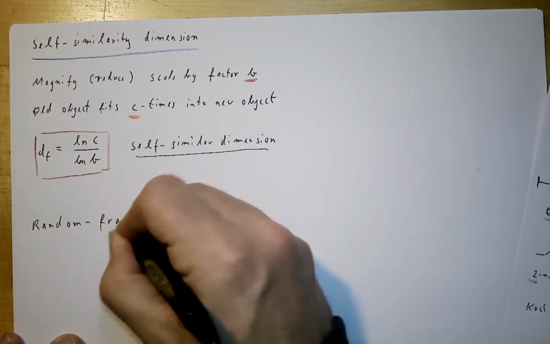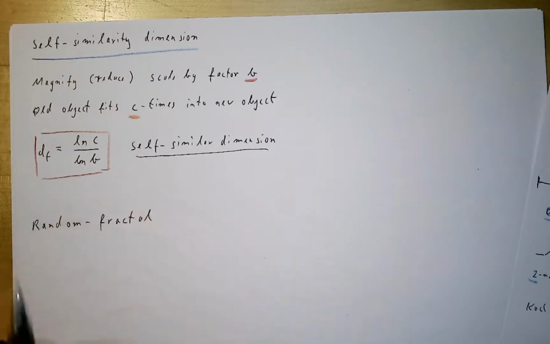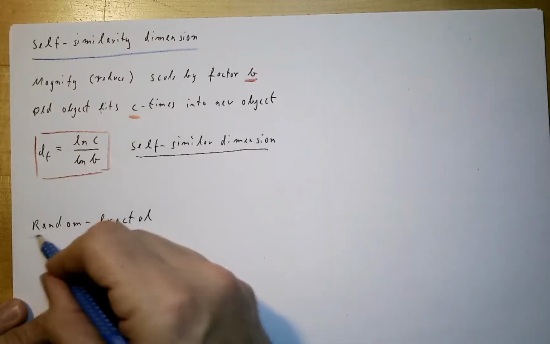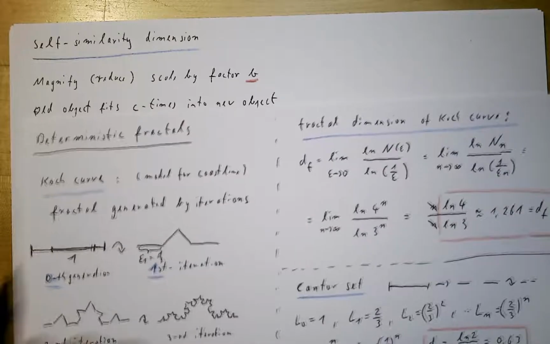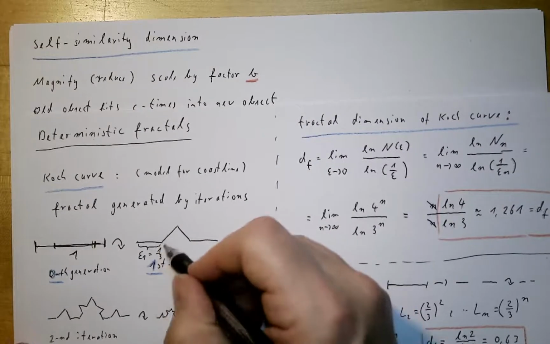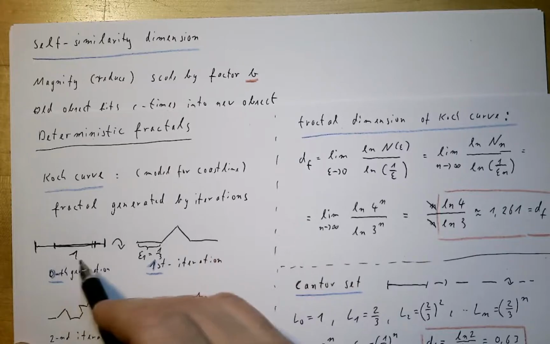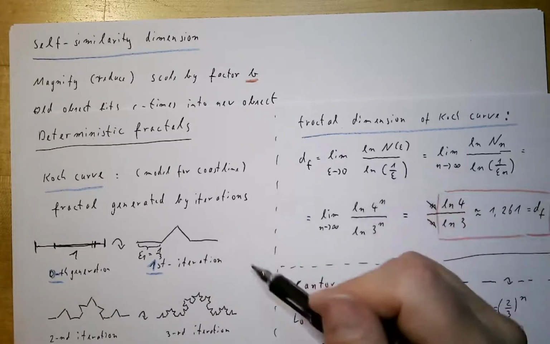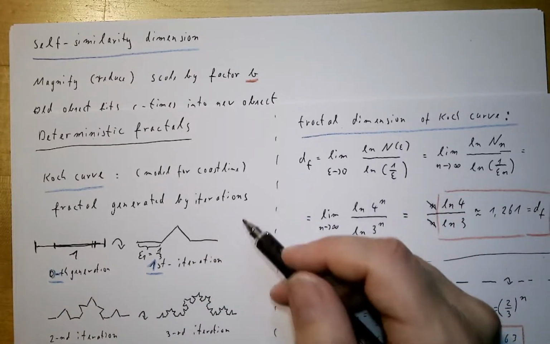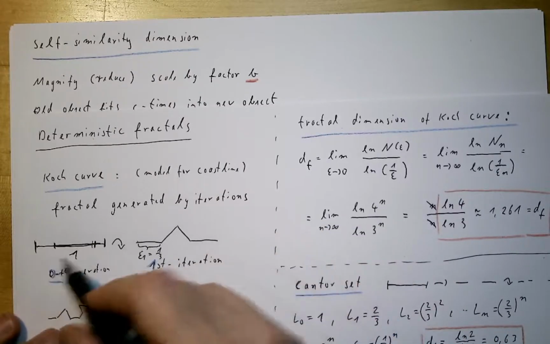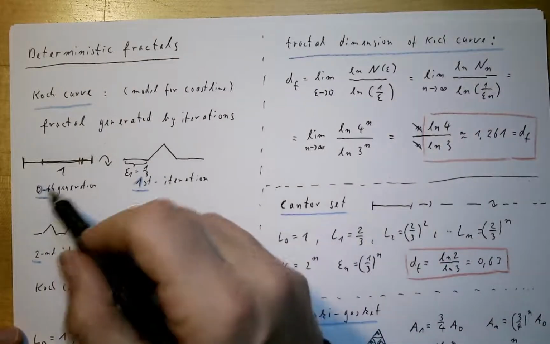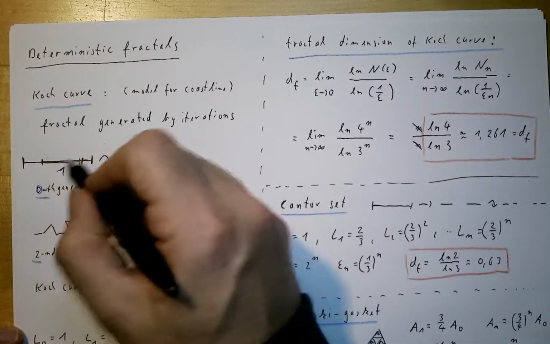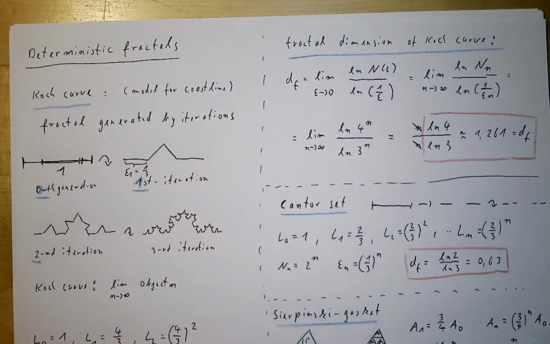So what's the random fractal? If we now do a random fractal, we make something very similar as we had here, only that we now decide by, for example, let's take the Koch curve. It's easier to explain this in an example. We take the Koch curve, so I divide my old line into 3 segments.